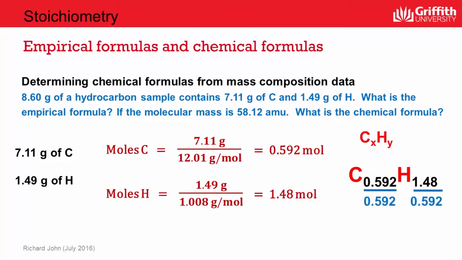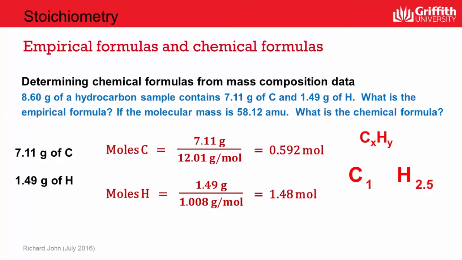So 0.592 divided by 0.592 and 1.48 divided by 0.592, and 0.592 divided by itself is 1. 1.48 divided by 0.592 is 2.5.